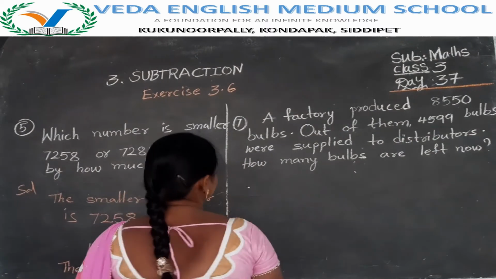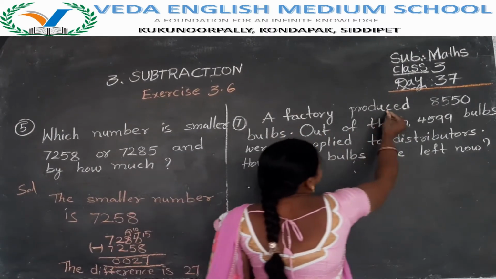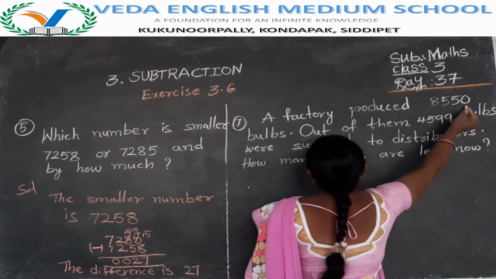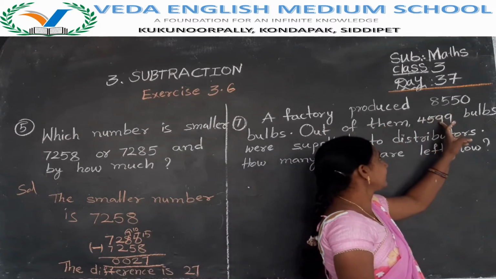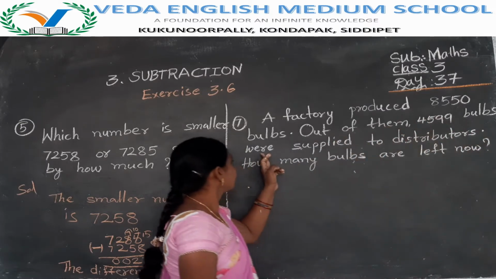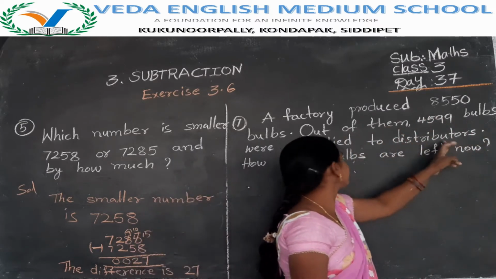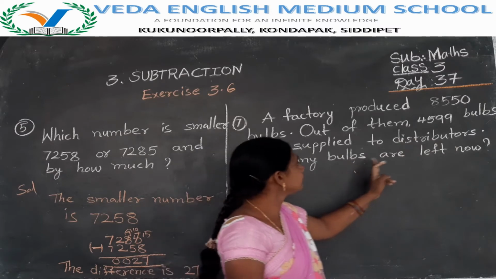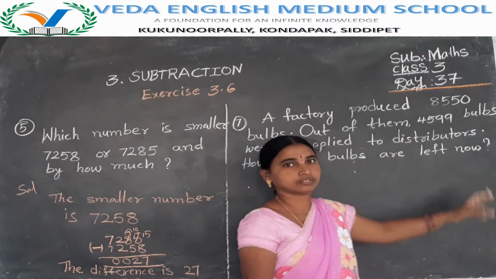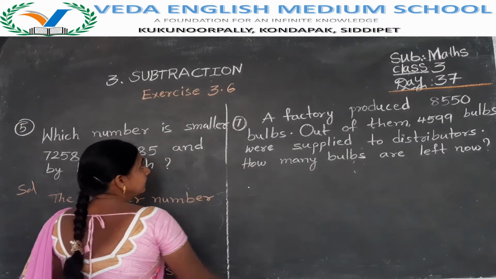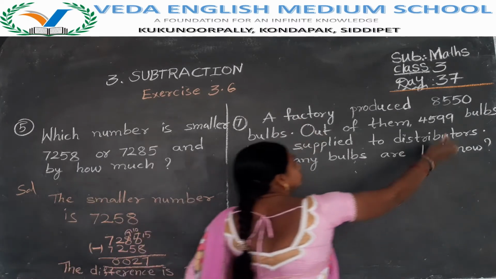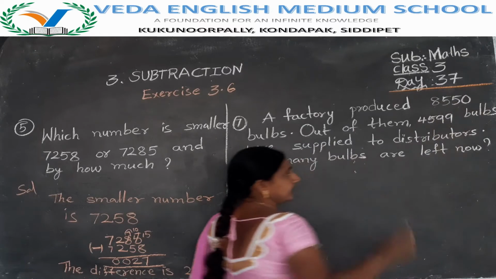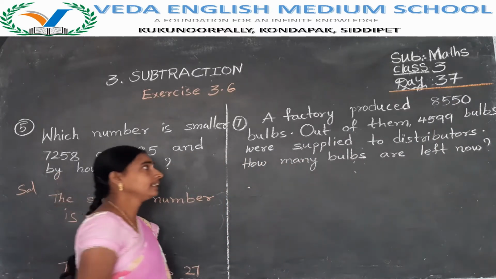Next, the seventh problem. A factory produced 8,550 bulbs. Out of them, 4,599 bulbs were supplied to distributors. How many bulbs are left now? Totally the factory produced how many bulbs? 8,550.